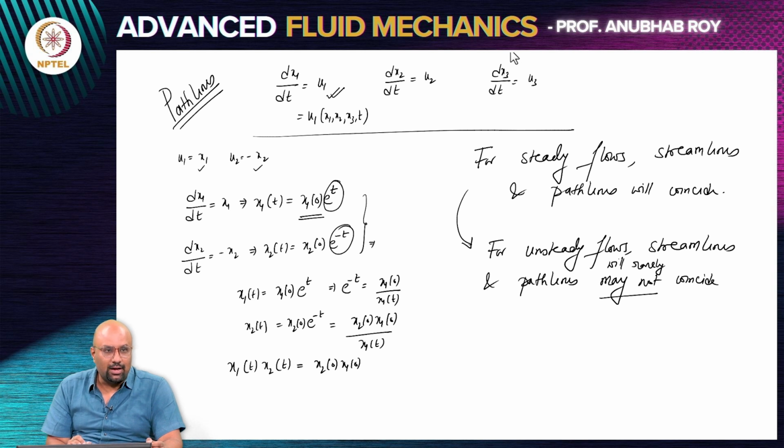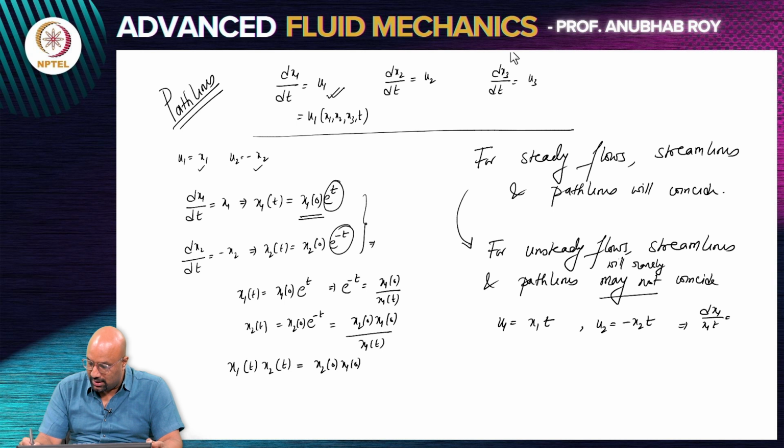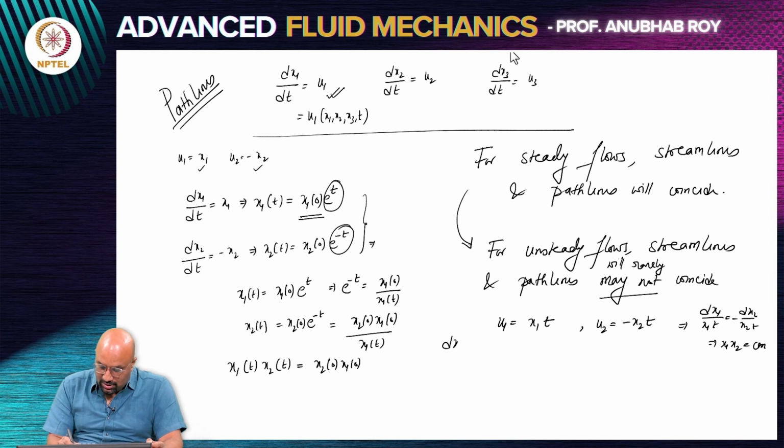We saw an example at the end of the last lecture. If I choose the velocity field as u1 equal to x1 times t and u2 equal to minus x2 times t, from the streamline equation, dx1 by x1 t equals dx2 by minus x2 t, I get back the same equation, x1 x2 is equal to a constant. From the path line equation, dx1 dt is equal to x1 t, which has the solution x1 of t equal to x1 of 0 exponential of t square by 2.